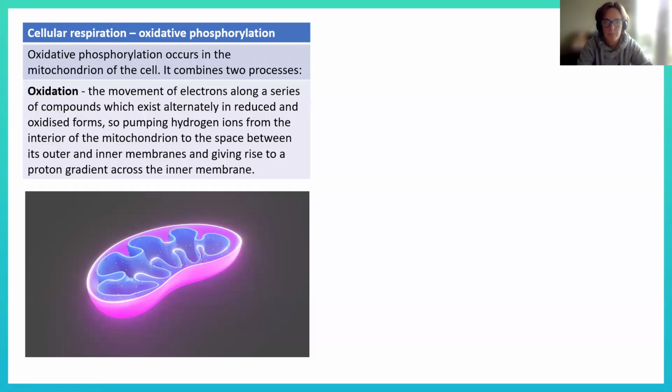There's oxidation, which is the movement of electrons along a series of compounds, which we're going to have a look at in a minute, and they exist in reduced and oxidized forms. So don't worry too much about that. Just think of it as movement of electrons for now. You'll learn about oxidation and reduction, I'm sure, when you do chemistry.